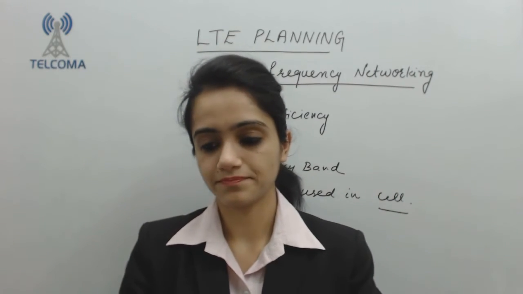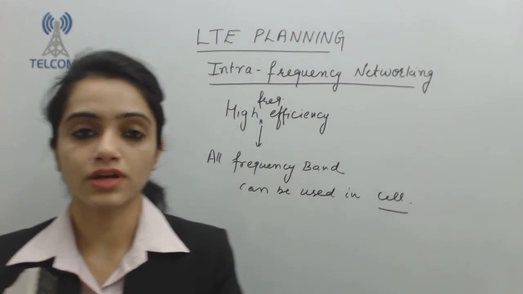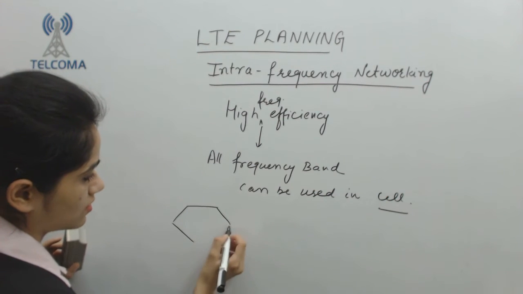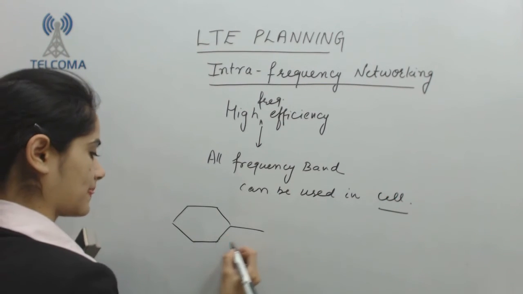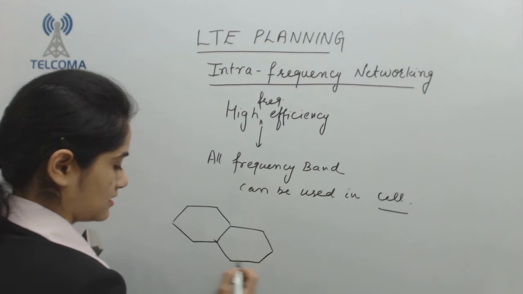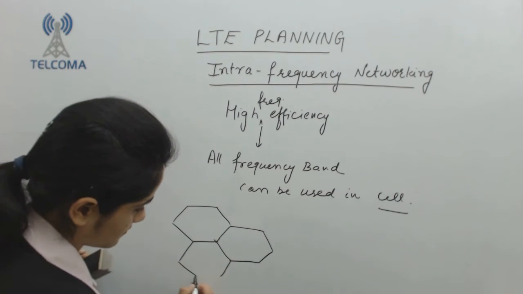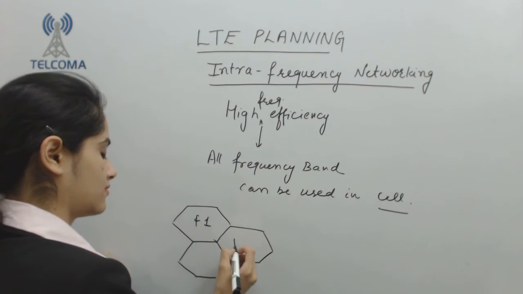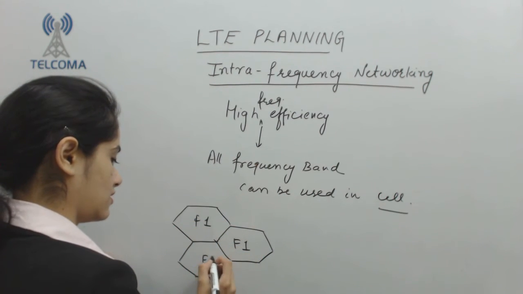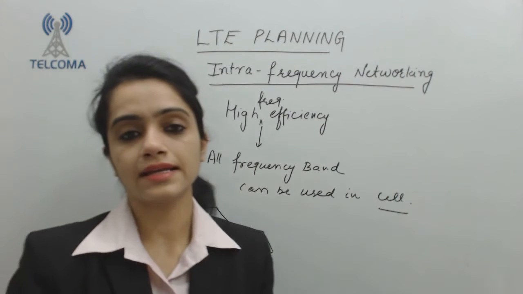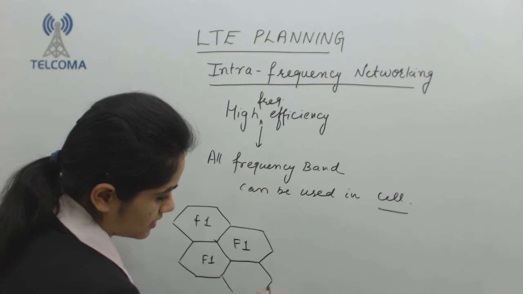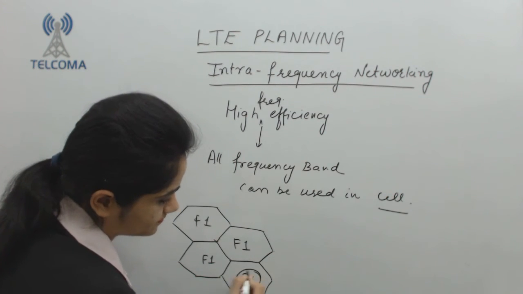Now how can intra-frequency networking be used? I will make 3 cells and I will give F1, F1, F1 to the entire cell, and again if I have more cells I will use F1.